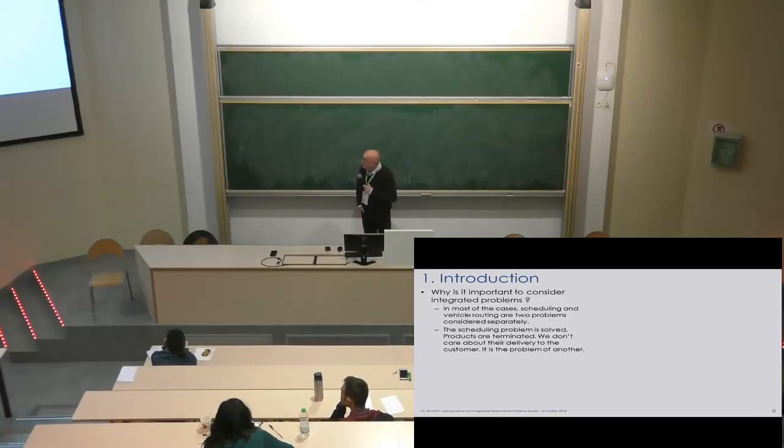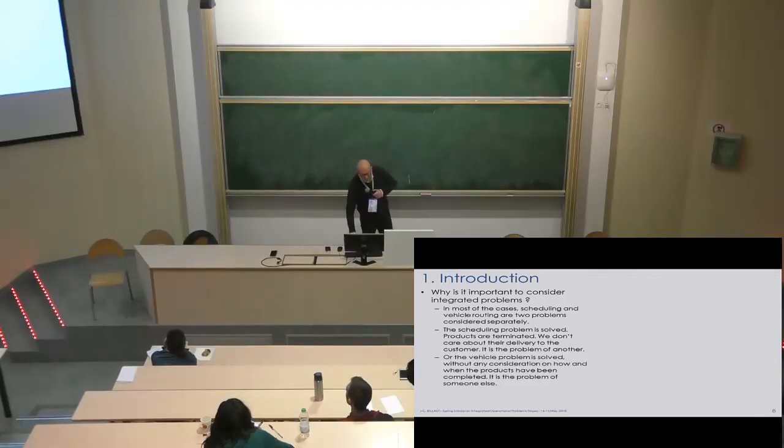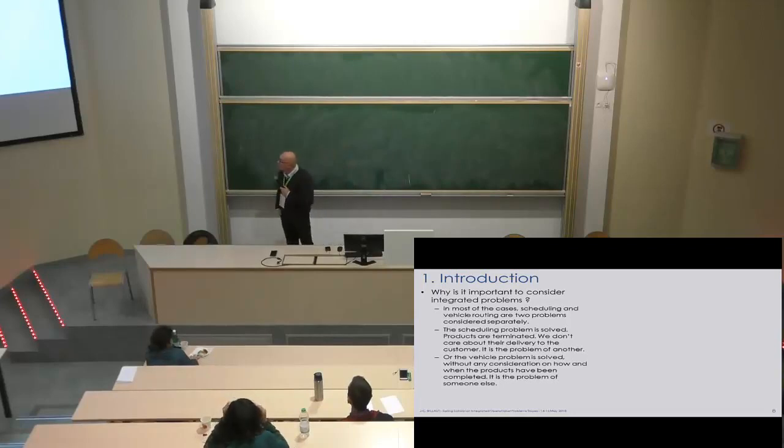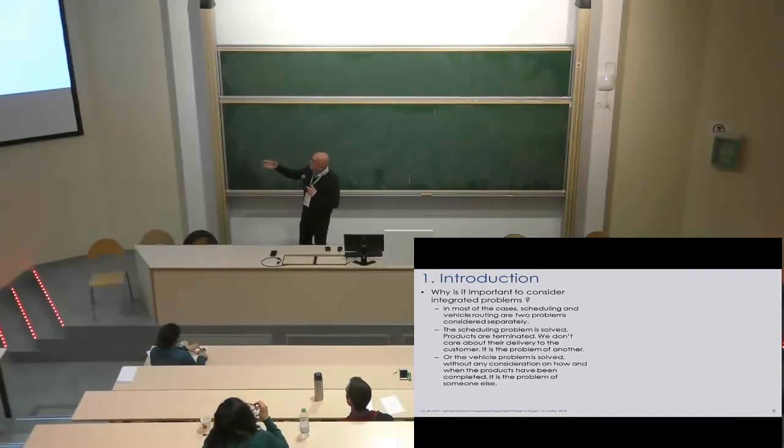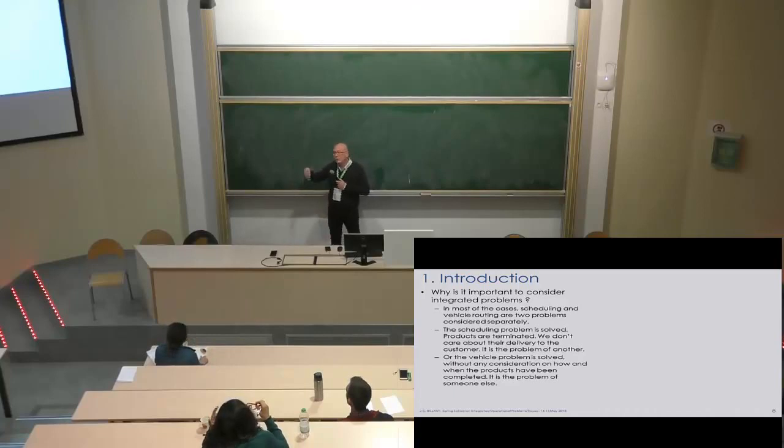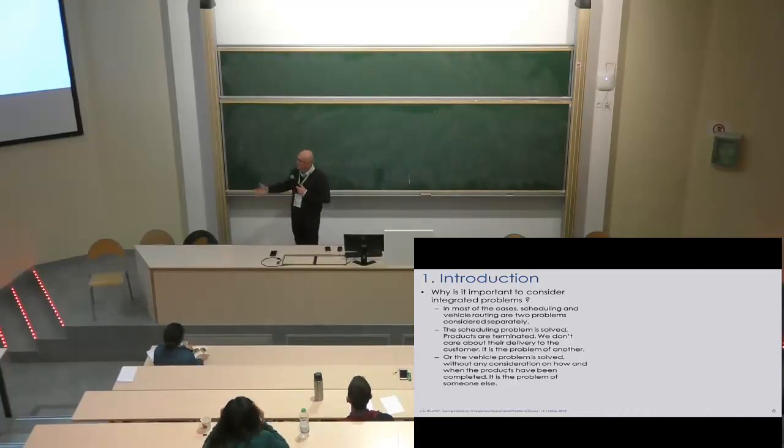The scheduling problem is solved, the products are finished, and generally we don't care about their delivery to the customer. It's a problem of the 3PL provider, and we don't care about it. And if we consider the vehicle routing problem, we don't have any consideration of how the products have been produced. The only problem that we consider is the delivery, and the production is the problem of someone else.